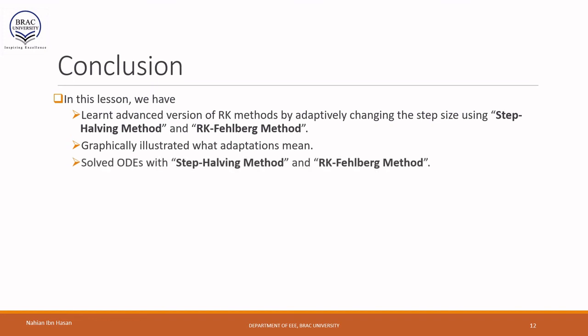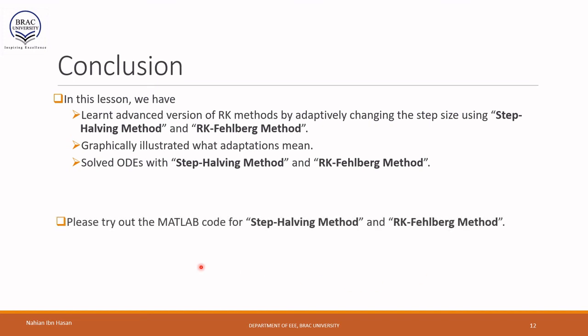I have also solved an ODE for the step halving method and the Runge-Kutta method. Although I have not shown you the detailed calculations, it's your homework to go through the detailed calculation using the Runge-Kutta-Fehlberg method formulas. Please also go through the MATLAB code that I have attached for the step halving method and the Runge-Kutta-Fehlberg method. Those are very straightforward implementations, so please go through the details of the code.